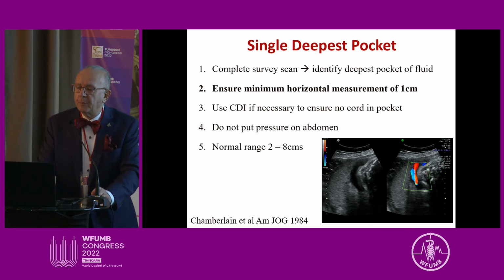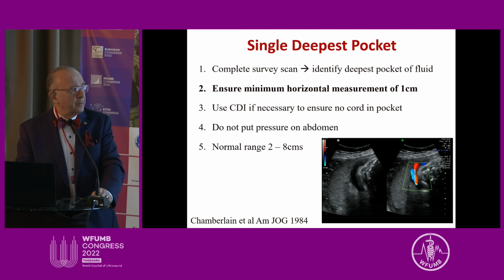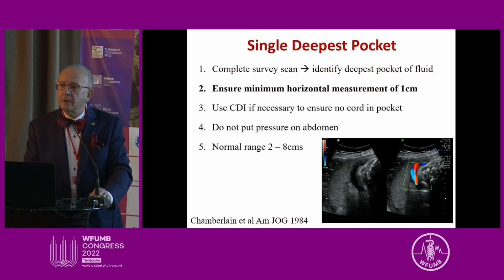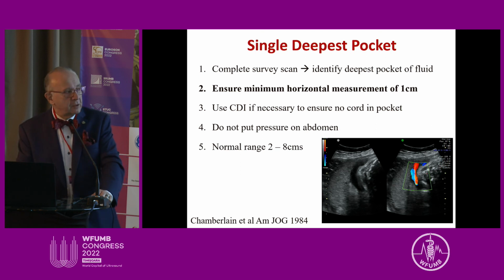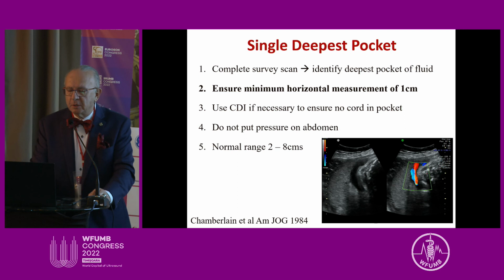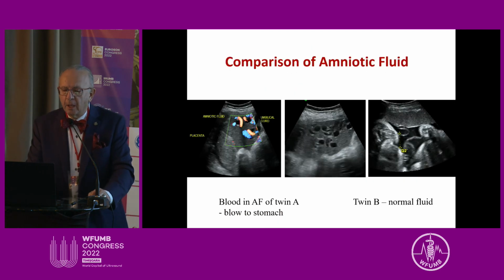We use color Doppler to make sure there's no cord in that pocket, because according to some literature, that negates that measurement. No pressure on the abdomen, and the normal measurement is 2 to 8 centimeters. And we compare the two sides.